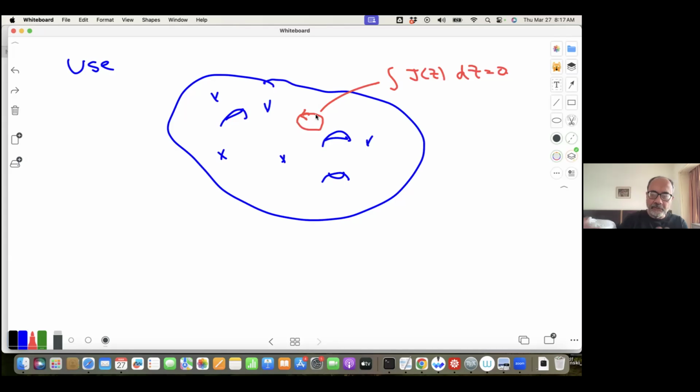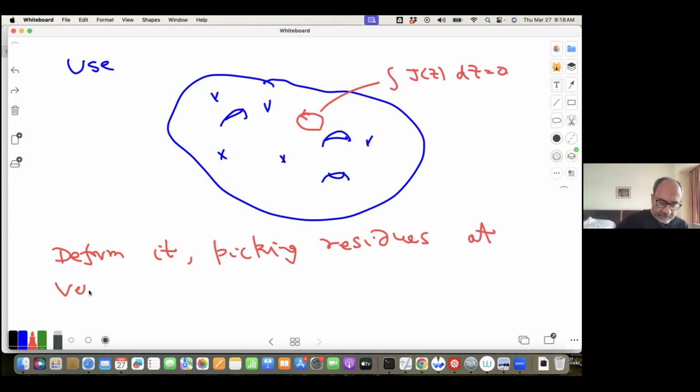And then you deform the contour outwards, picking up residues at the vertex operators. Again, you may worry about what happens at the handles and so on.